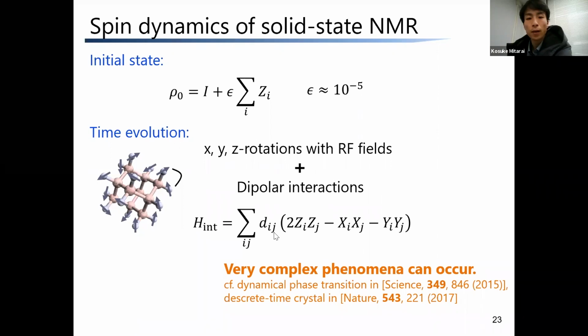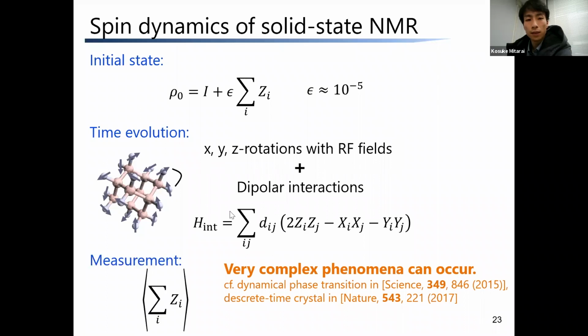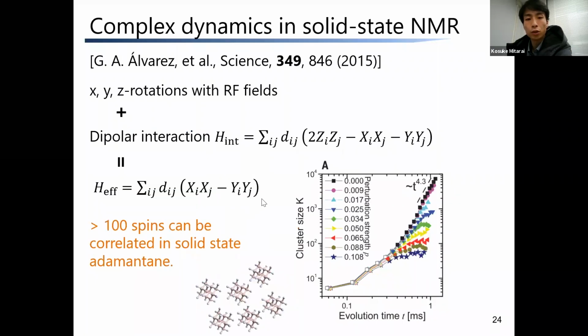But in this experiment, we didn't change these coefficients Dij, and we just changed the form of the interaction from the zz minus xx minus yy form to the xx minus yy form.